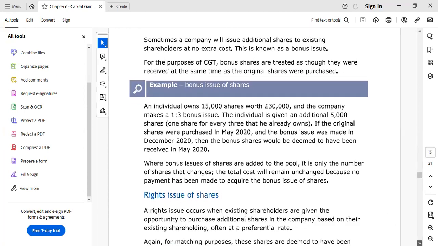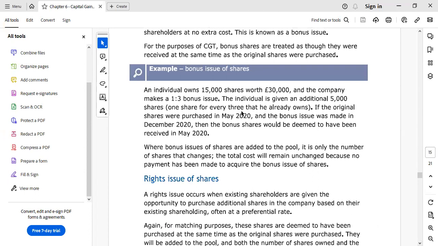Bonus issue of shares example: an individual owns 15,000 shares worth 30,000 pounds, and the company makes a 1:3 ratio bonus issue. The individual is given an additional 5,000 shares. So 1:3 means one share for every three that he already owns.